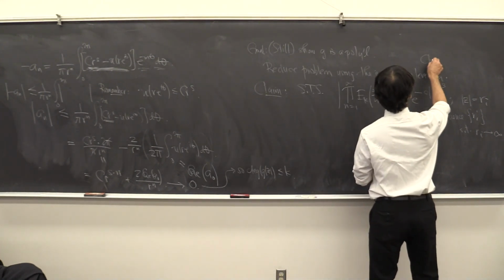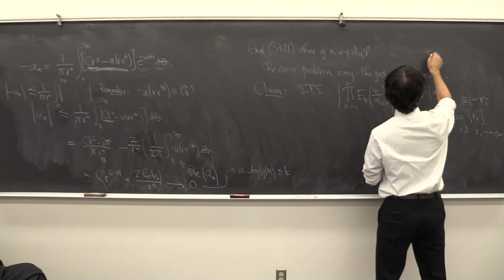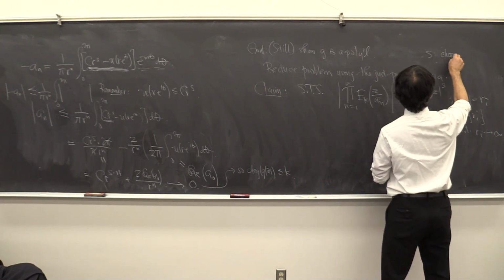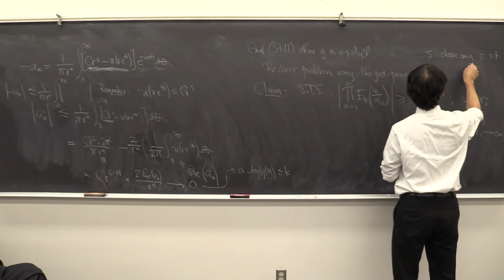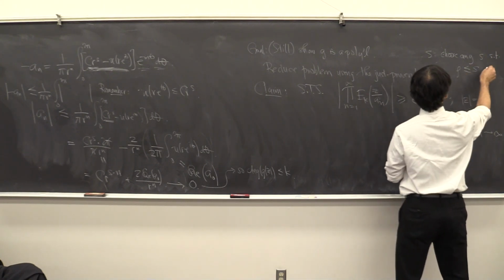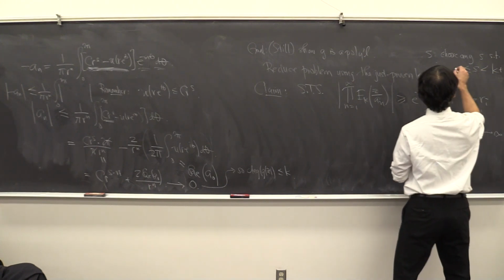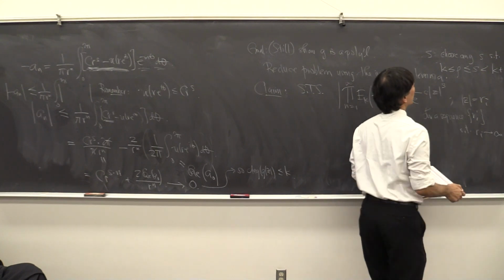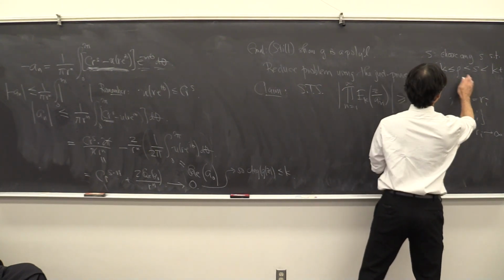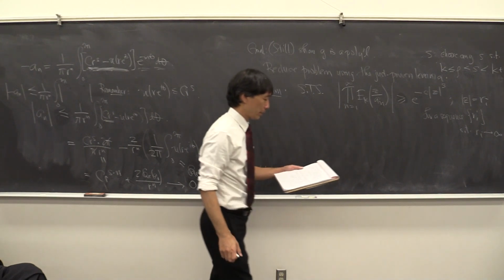So choose any s such that s is between rho and k plus 1. I think strictly greater than rho, yeah, strictly greater than rho.